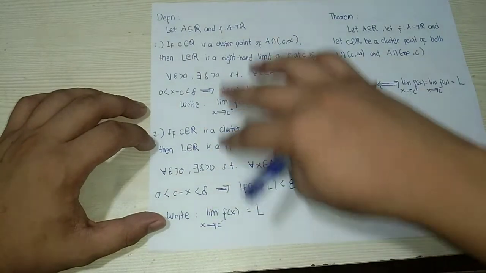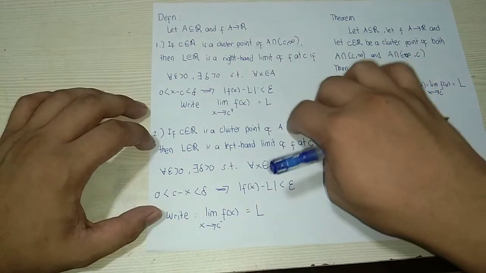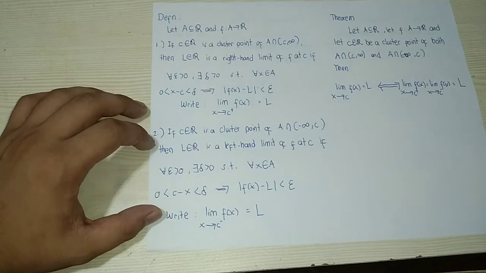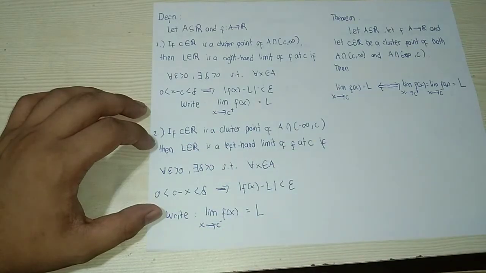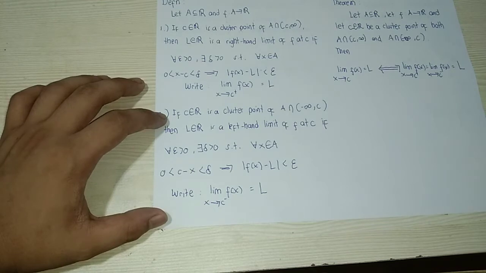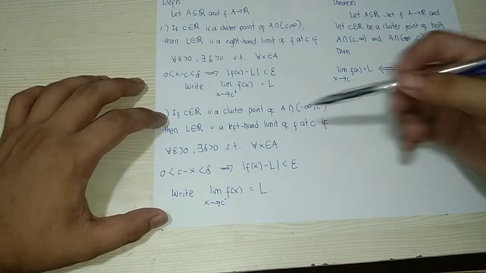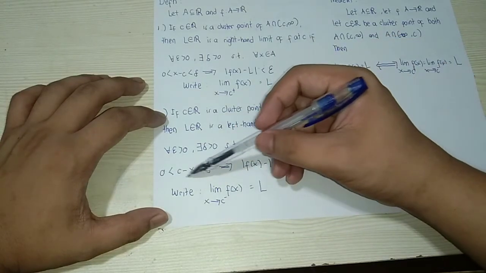Then for number 2, almost similar to number 1, if C is a cluster point of the intersection of A and (negative infinity, C). So these are the values on the left side of C, the values of x lower than C. Then the real number L is a left-hand limit of f at C if for all positive epsilon there must exist a positive delta such that for every x element of A, 0 less than C minus x less than delta.